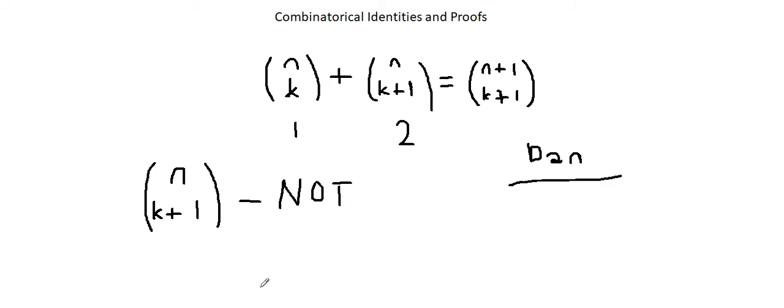And when Dan is on, we still have n people because n plus 1 minus 1, but we already chose one of the k plus 1 people. So now we only have n choose k when he is on. And as you can see, combination 1 and combination 2 account for the same thing.